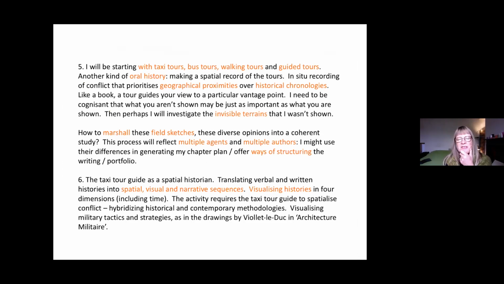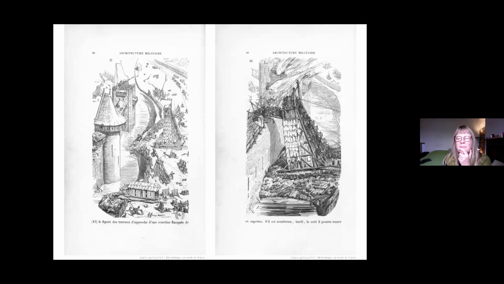I'm desperately trying to remember the name of the author, Viollet-le-Duc. There he is, and he was obsessed with medieval architecture, but he's mapping here the movement of troops above a defensive wall and into a castle. So a whole series of events, the kind of thing Bernard Tschumi, I suppose, is looking for: how is the architecture activated by the events that it's witnessing?